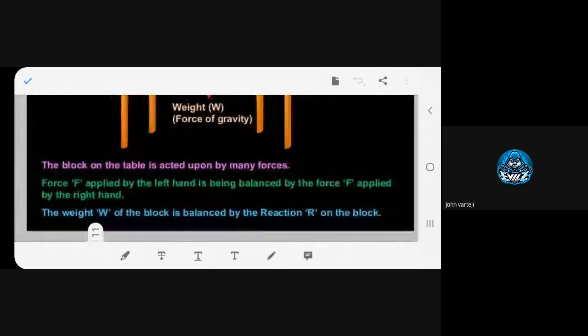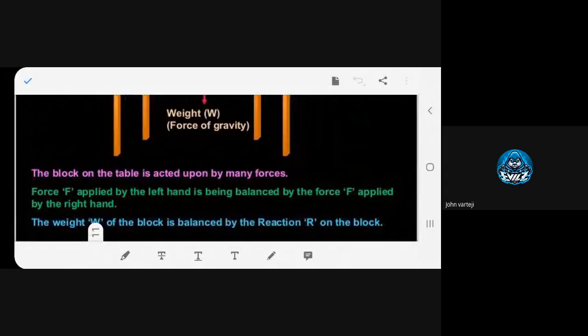Yes, please read with us. The block on the table is acted upon by many forces. Force F applied by the left hand is being balanced by the force F applied by the right hand. The weight W of the block is balanced by the reaction R on the block. So you understood? So what is happening?